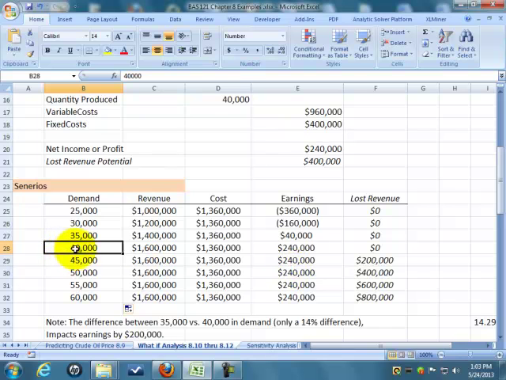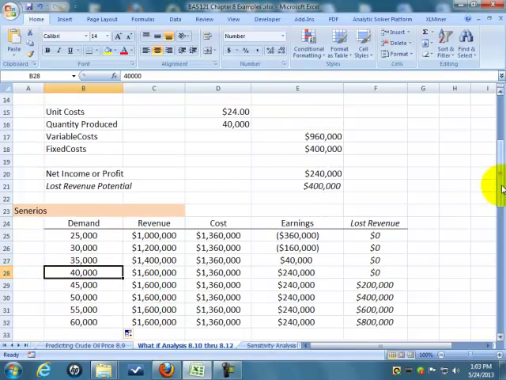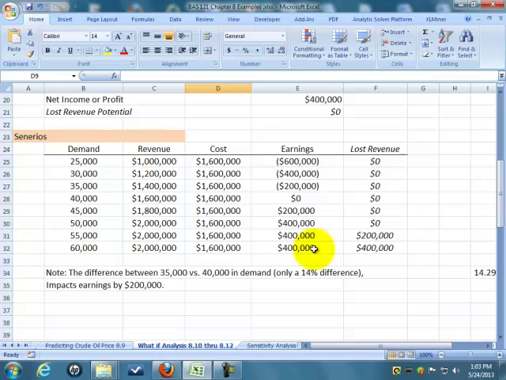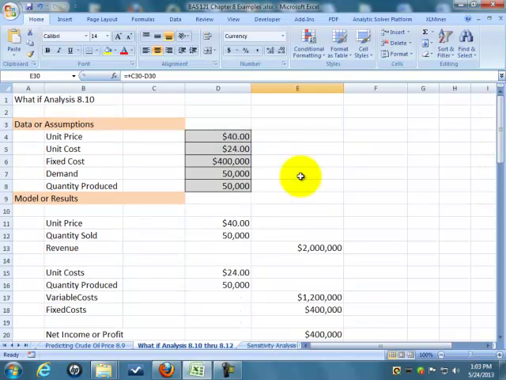Obviously in a perfect world, we'd realize that our demand is 50,000. So if we had produced more, look what would have happened to our earnings. We would have gone way, way up, right? As much as 400,000.